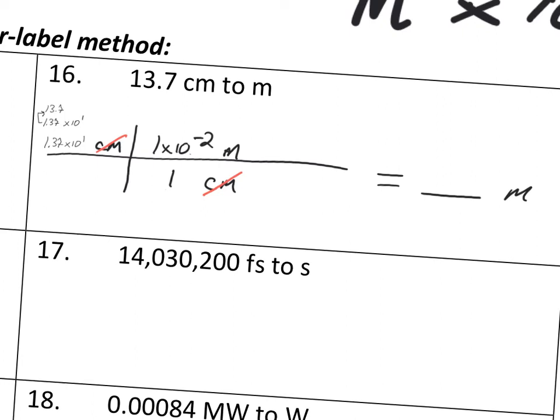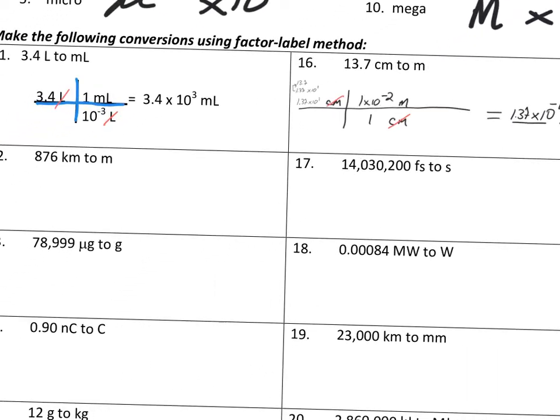The coefficient stays the same, so 1.37 times 10 to the negative 1, because 1 plus negative 2 equals negative 1. See, that's the trick. You have to add the exponents if you're multiplying and subtract them if you're dividing.